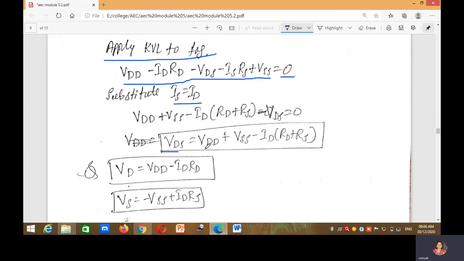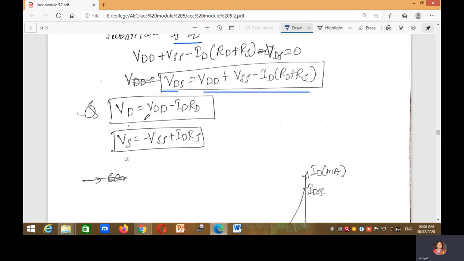We want the VDS equation, so we get the VDS equation. VD is equal to VDD minus ID into RD. VS is equal to minus VSS plus ID into RS.